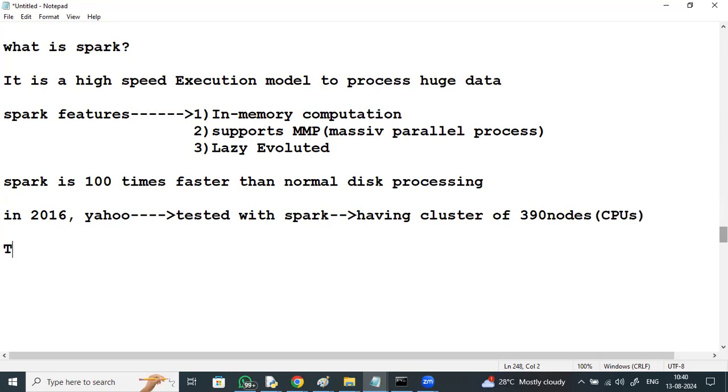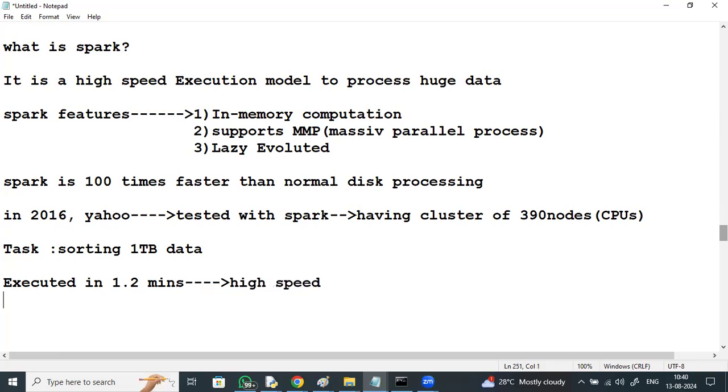The task was sorting 1 TB of data. It was executed in 1.2 minutes. This is high speed.